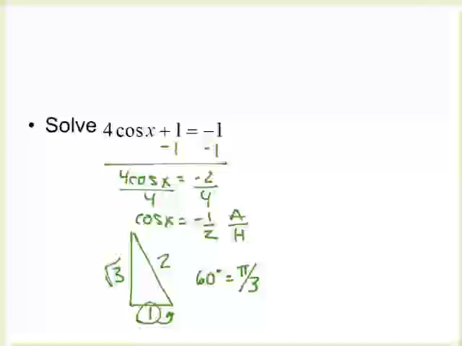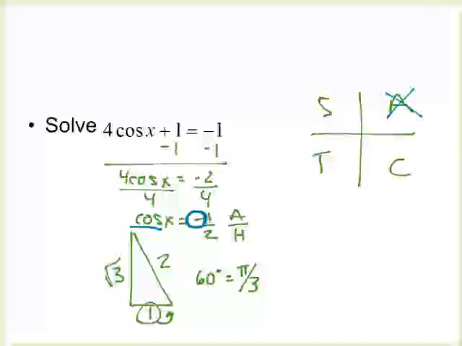Step 3 is to think about our ASTC quadrants. Now, in our equation this time, we are working with cosine, and it says cosine is negative 1/2. So I want the quadrants where cosine would be negative. So which ones is it not going to be?